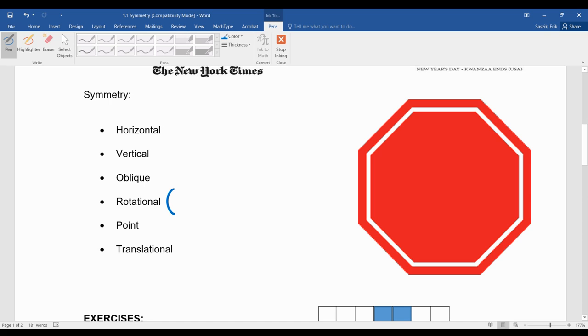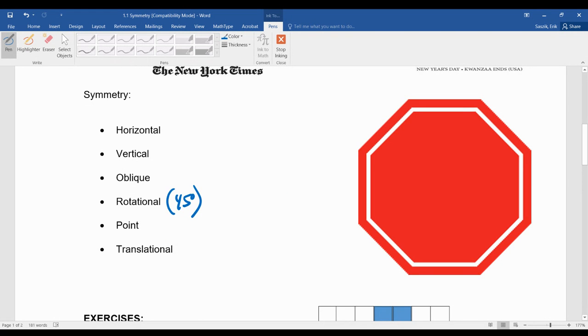Now, usually what you do here is you give the smallest number of degrees that this thing is rotational by. In other words, the fewest number of degrees you could rotate this and it still match up would be 45 degrees. This is a regular octagon. We'll talk more about that later in the year. And if you take 360 degrees and divide it by these 8 vertices, you realize that these are all 45 degrees away, okay?